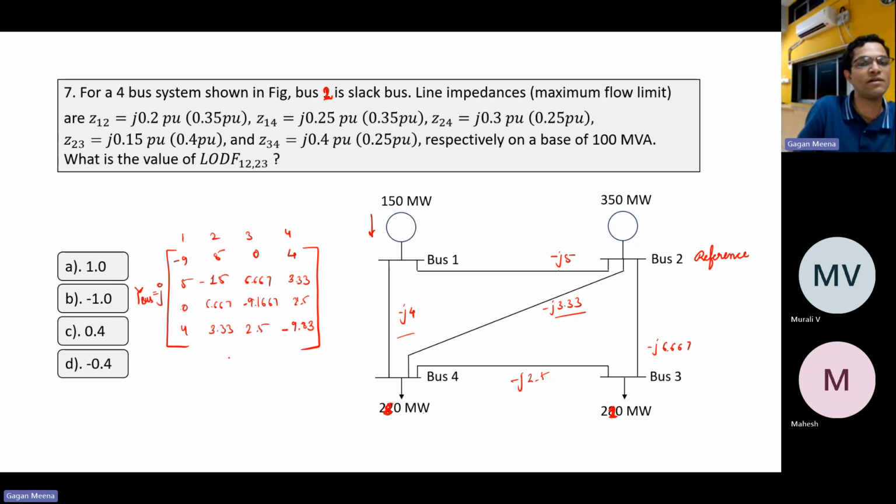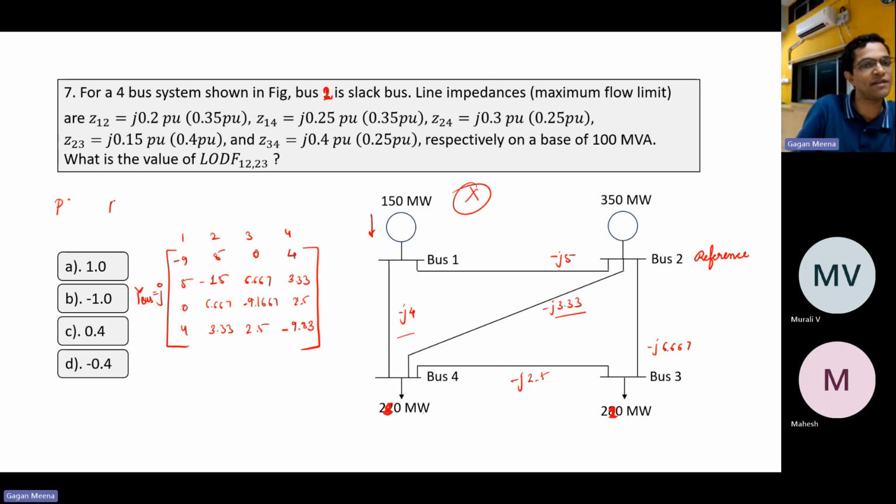This is Y bus. But we want to calculate flow on these lines, LODF, for that we need the flow also. Actually, for LODF we have a direct formula. We don't need the flow, but we need the B inverse matrix, which we use for the DC power flow.